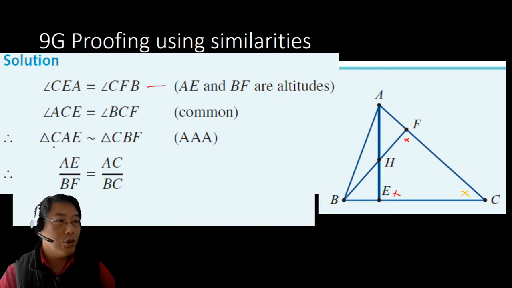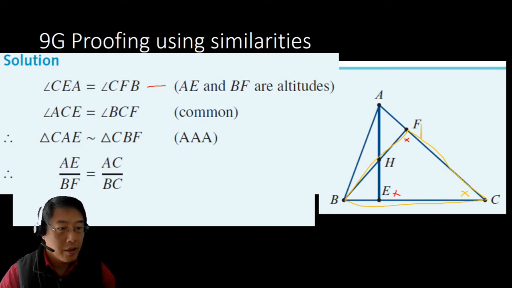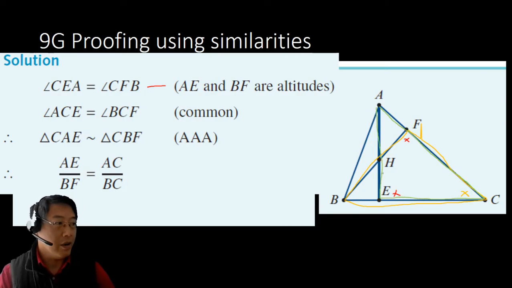So you can say that those two triangles, CAE and CBF, so that triangle here with, let's say this one, ACE, are similar, okay?